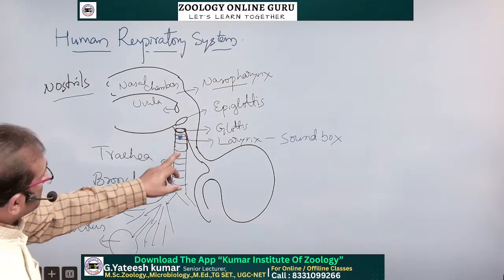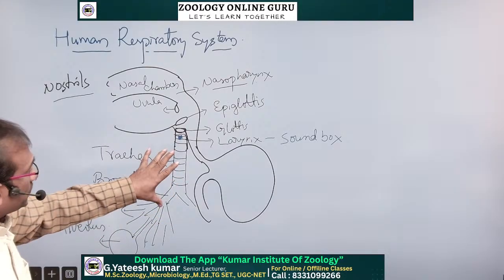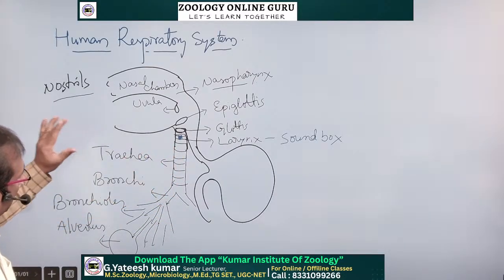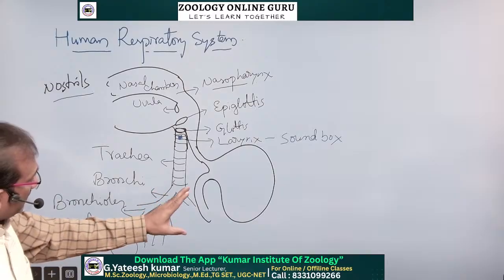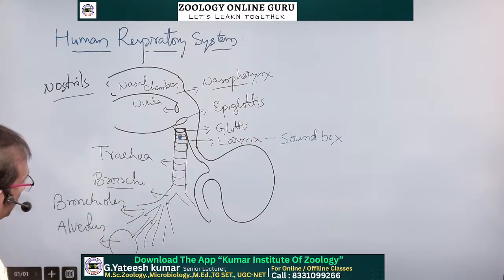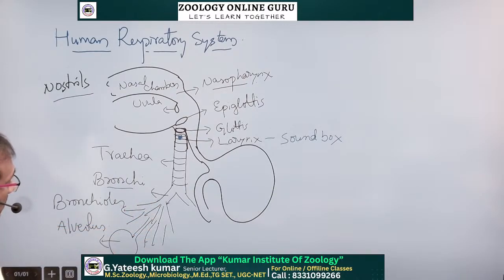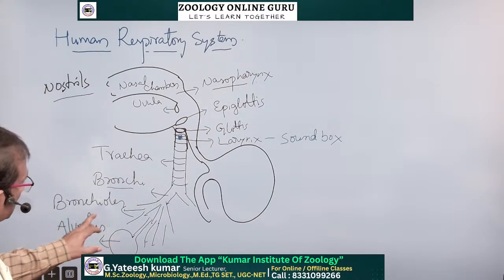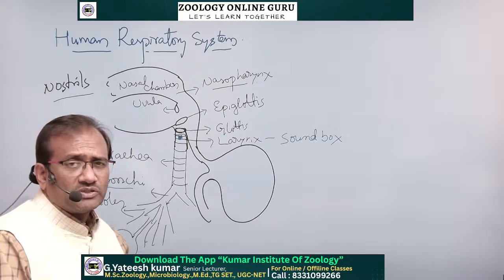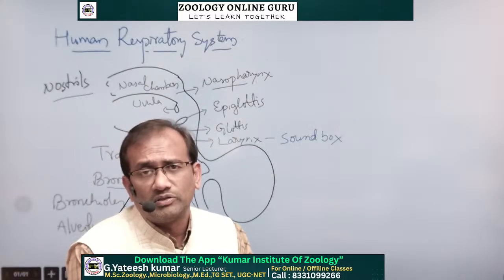Okay, so we are discussing the parts of the human respiratory system. After the larynx, a long tube is present. That long tube is known as the windpipe, also known as the trachea. The trachea divides into left and right branches. These branches are known as bronchi, and the bronchi divide into further smaller branches called bronchioles. There are primary, secondary and tertiary bronchioles, and alveolar bronchioles are also present.